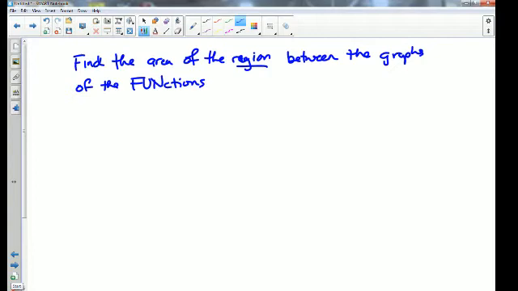Okay, here's f of x. Make sure I do the book one. So we have x squared minus 4x plus 10 and 4x minus x squared. And our boundaries, 1 to 3.